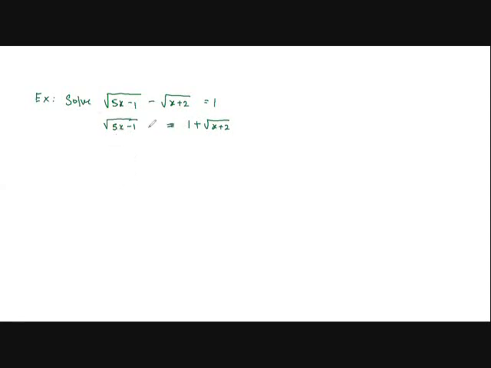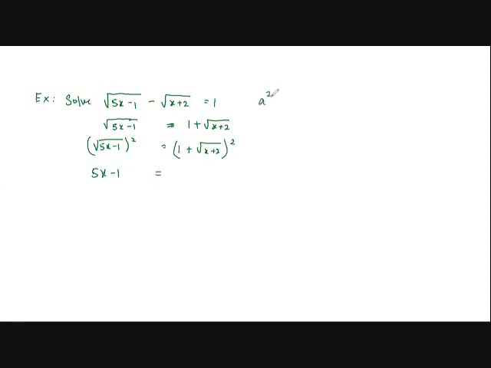Then after that, we square both sides. Square both sides, the whole thing to the power 2. Then this one to the power 2, the root is gone. So we are left with 5x minus 1. This one equals, this formula is a special formula.